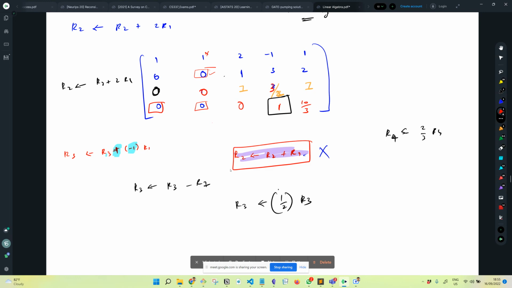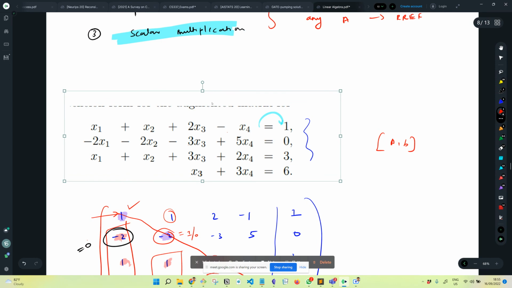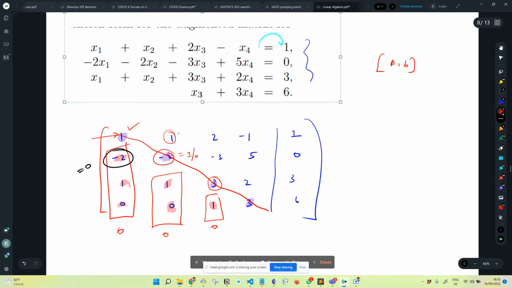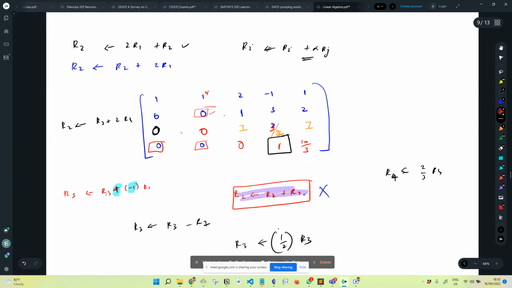Is it clear? Now, I think I demonstrated two of the three operations. That is, in obtaining RREF, I showed you how to apply linear combination, how to apply scalar multiplication. Let us see when will you apply permutation, right?